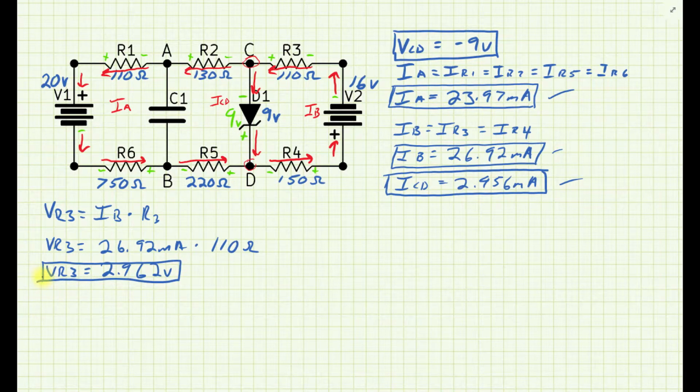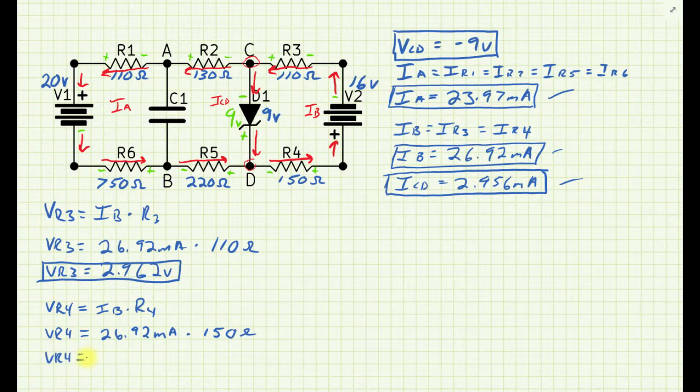Alright, so let's do that VR4. VR4 equals IB times R4. VR4 equals 26.92 milliamps again times 150 ohms this time.